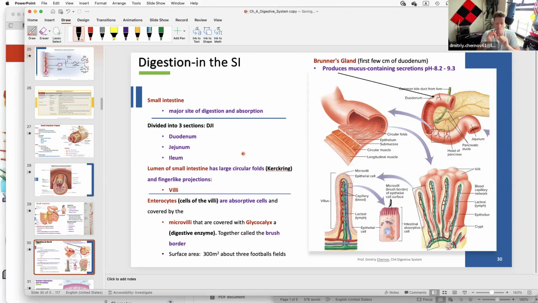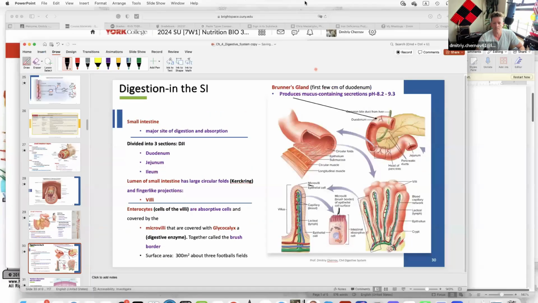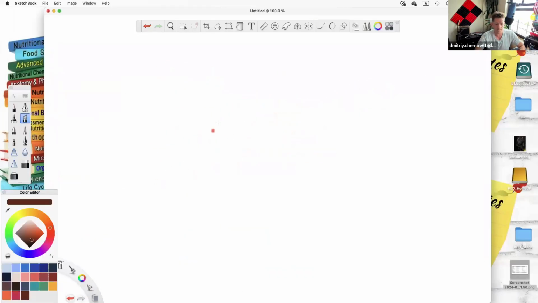To be more precise, there's a villi and there's also microvilli. That's important. So here's the cell. So that's this villi, and it's covered by cells, right?